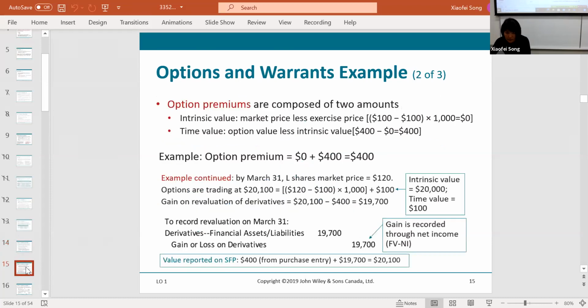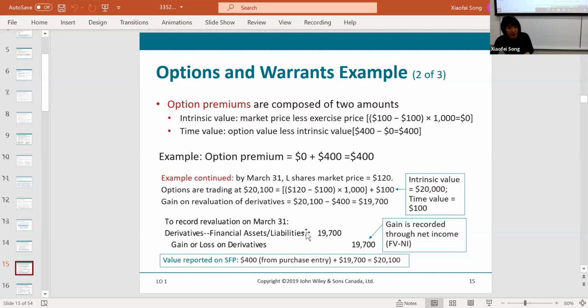That's the premium you pay, and the components of the premium: intrinsic value at this point is 0, and the time value is $400. So you pay the $400 for things that could change in your favor. It's pretty much that for this case.